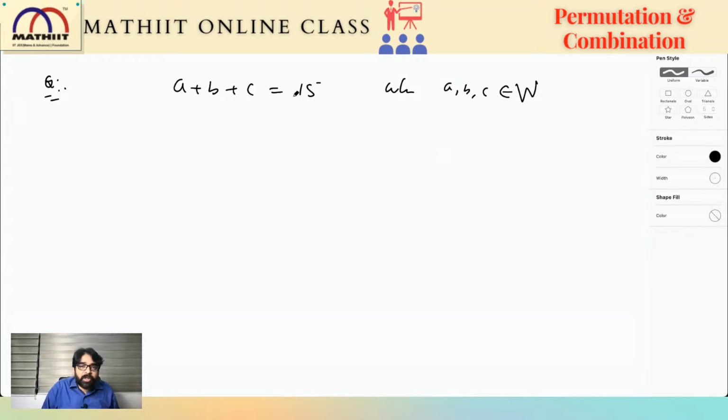Actually, its meaning is the distribution of 15 identical objects into 3 groups. So I will say the coefficient of x^15 in group 1, and now the game starts.